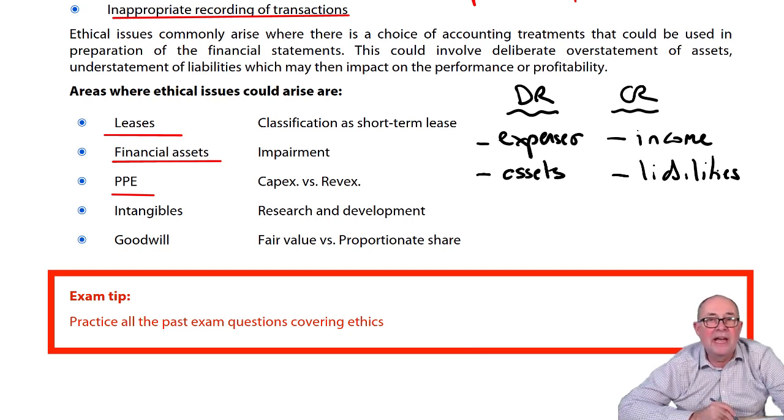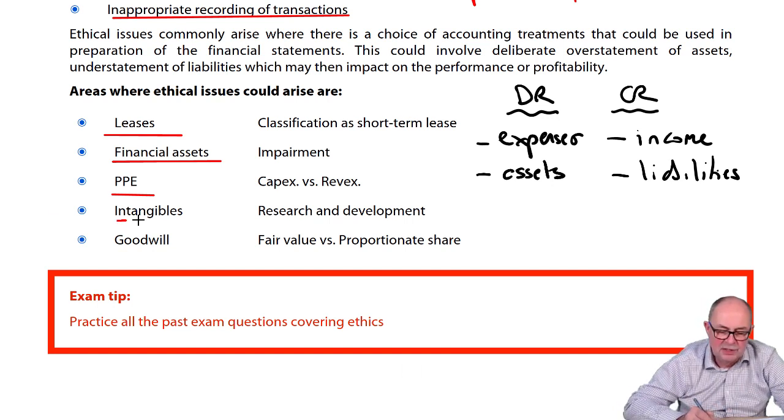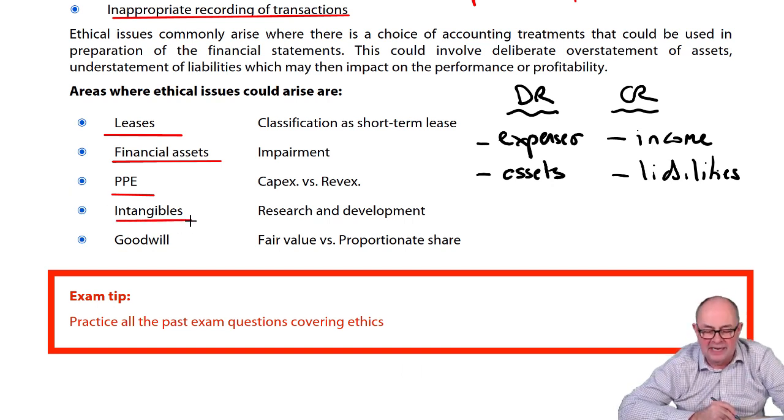They would prefer to say that research costs are development costs to push their profit up and their assets up. And they might also think about which method of goodwill would give them a better view in the accounts. I'm never sure whether that's really manipulation because that's actually allowed by the standard. But either way, there are many situations that will arise.